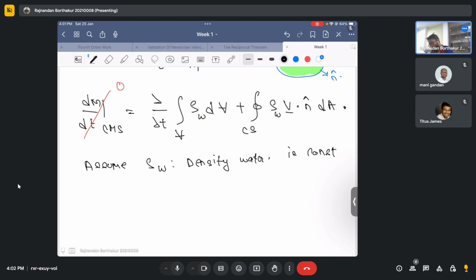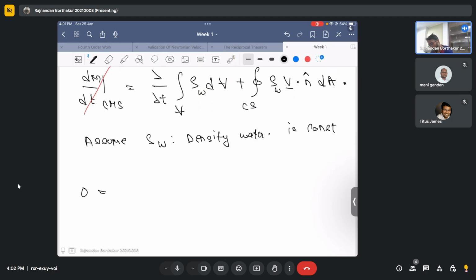Which means I now have 0 equal to rho w del t of the integral over the control volume dv plus rho w times the integral over the control surface v dot n hat dA.